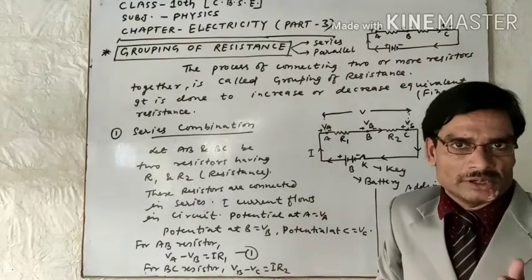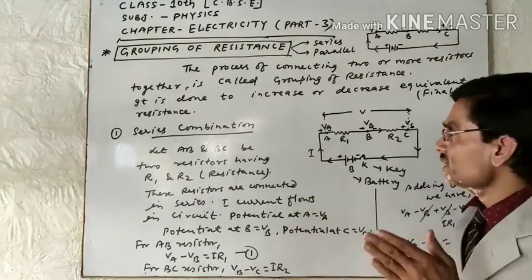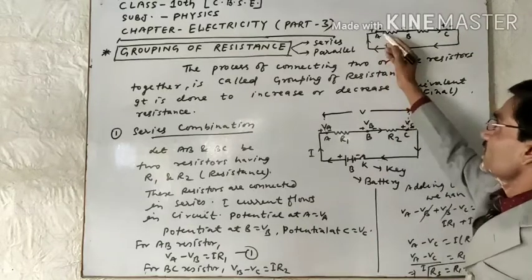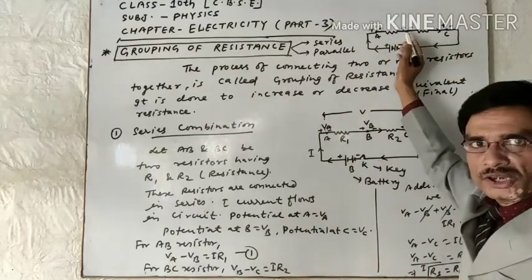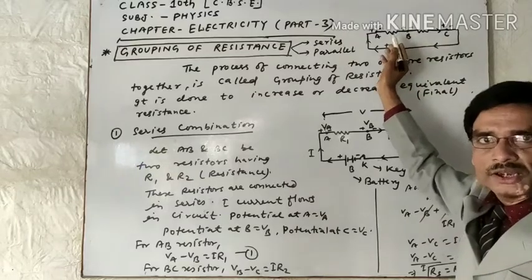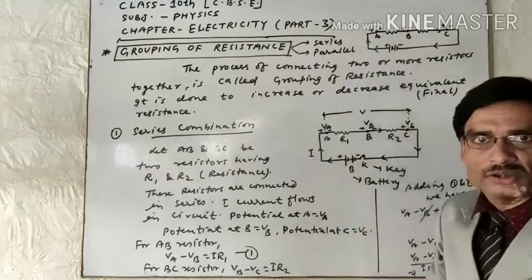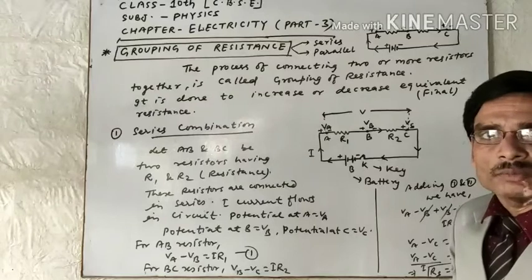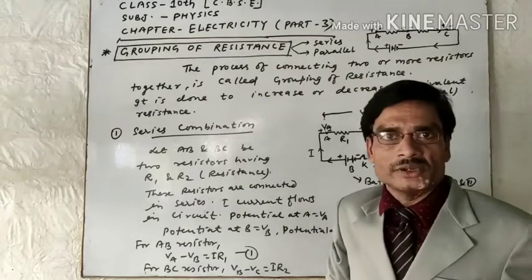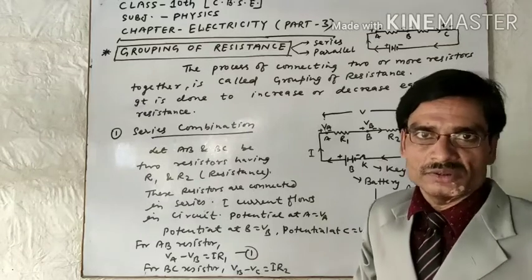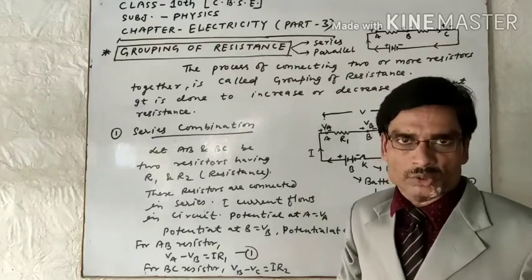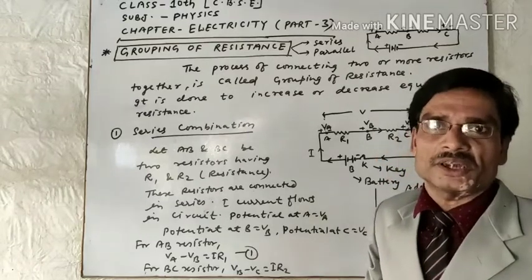When the positive end of one resistor is connected to the negative end of the second, and the positive end of the second resistor is also connected to the negative end of the third, this type of combination is said to be series combination. Students, for your memorizing, I will repeat this once again.